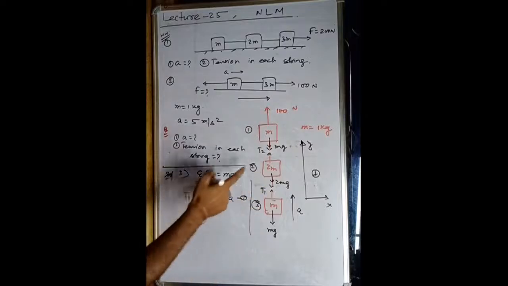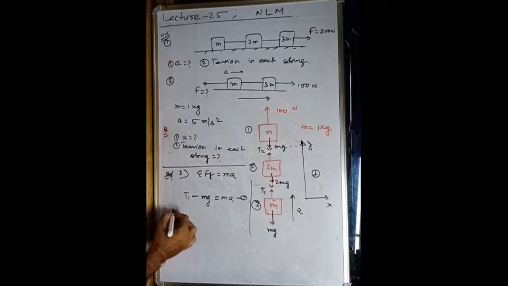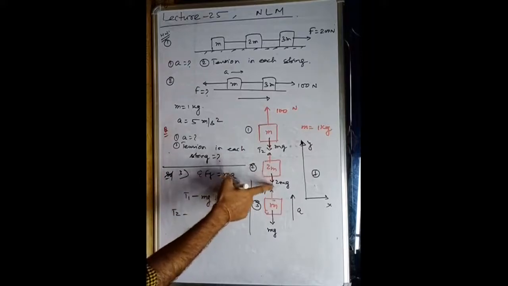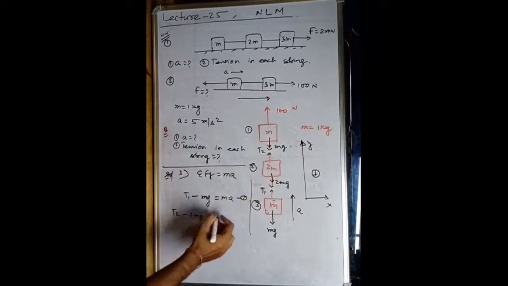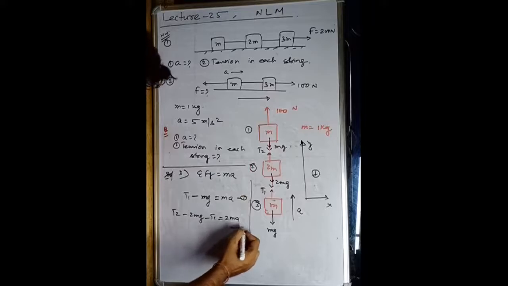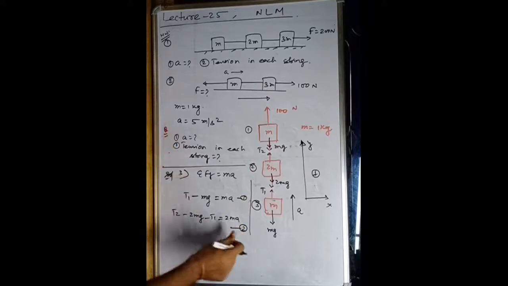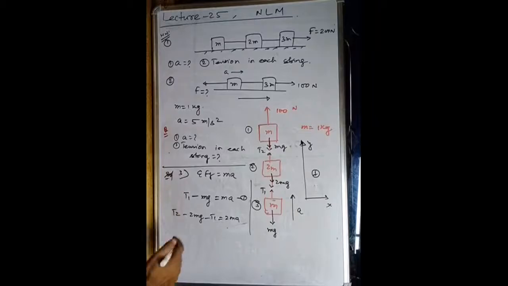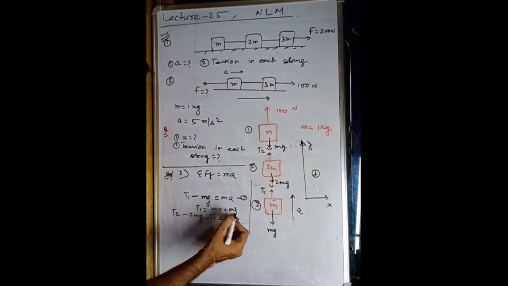For this one, what happened? The total force in the upward direction is T2 minus the downward force, which is twice mg, minus T1, and it is equal to twice ma. This is the second equation. You can simplify equation 2 as well by putting the value of T1. Here the value of T1 will be ma plus mg.